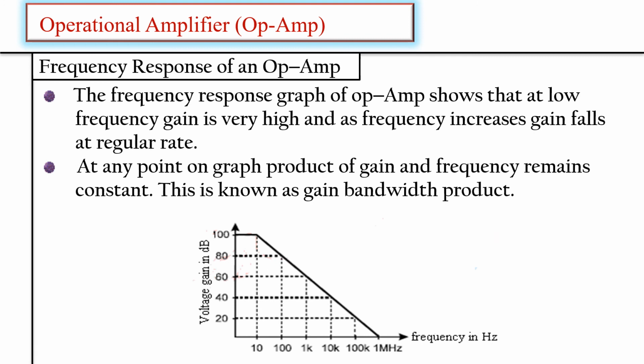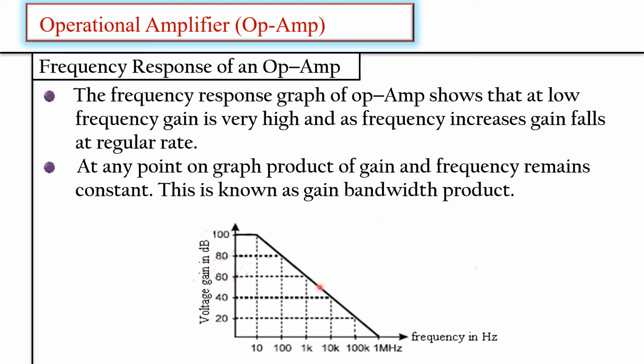So let us see the frequency response of the op-amp. Here the graph is shown. On the x-axis we have taken frequency in hertz, and on the y-axis we have taken voltage gain in decibels, 20, 40, 60, 80 and 100 decibels.